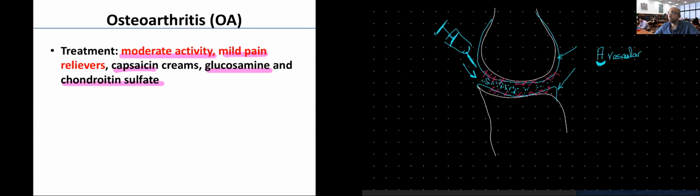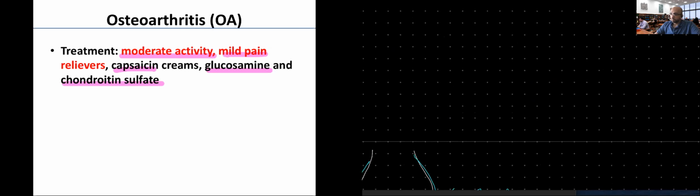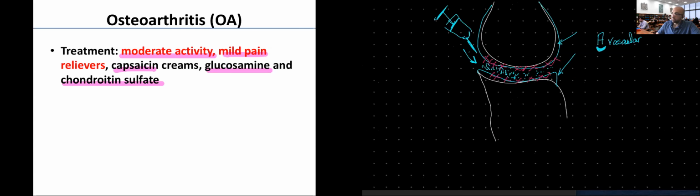All right. So having 85% of the general population, or 85% will theoretically have osteoarthritis at a certain point in their life, makes it one of the most commonly debilitating diseases in the US.